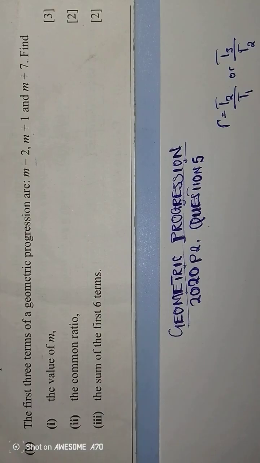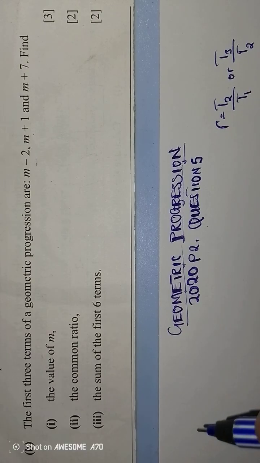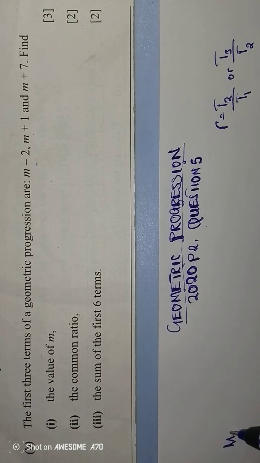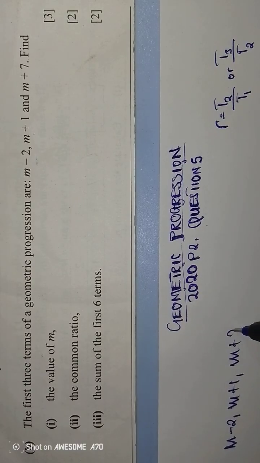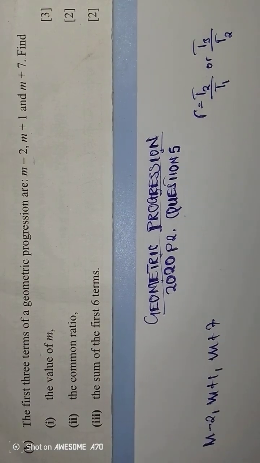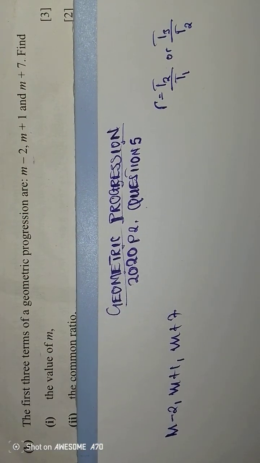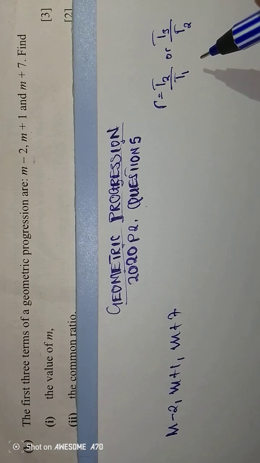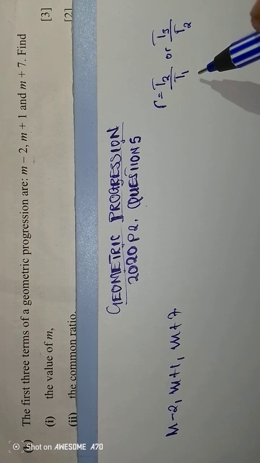Now, if you want to answer the questions we have for the GP, remember the first term is m minus 2, the second term is m plus 1, and the third term is m plus 7. To find the value of m, you apply the same concept I've said here.